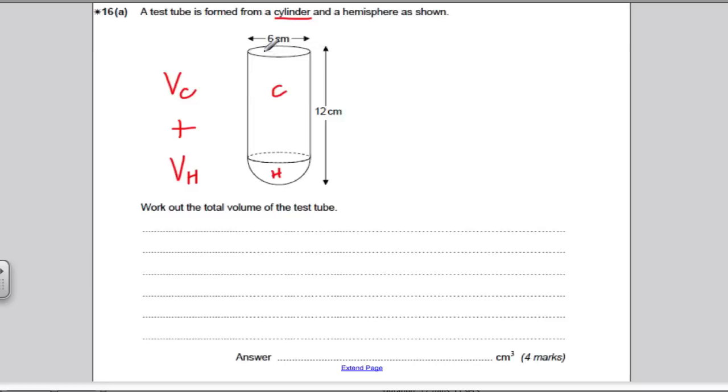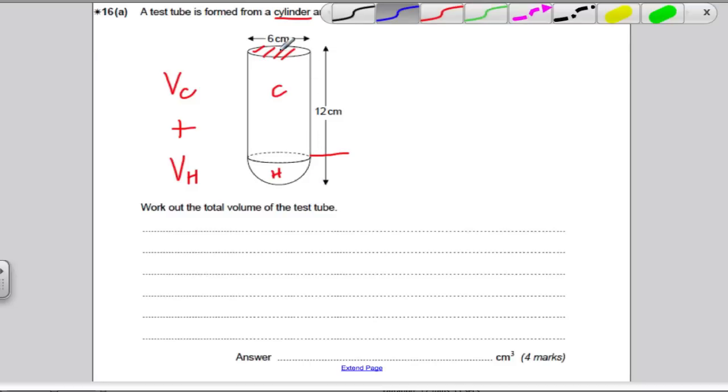To get the volume of the cylinder, you'd need to work out that area and times it by the height. But you don't know the height, you just know the total height of the test tube, which is 12. So how could you subtract off this distance here to work out just the height of the cylinder? Well, a little bit of ingenuity here.